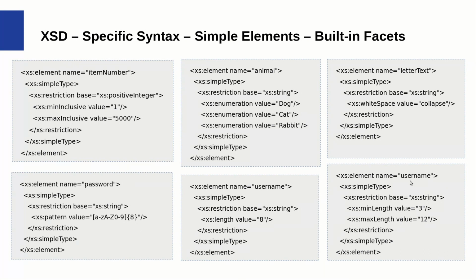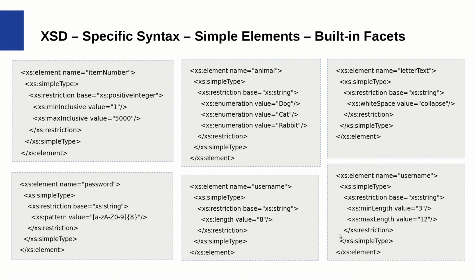And here another username example with a simple type with a restriction of base string, but now with two facets, a minLength of 3 and a maxLength of 12.